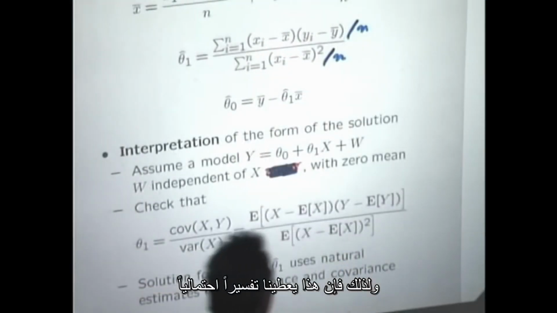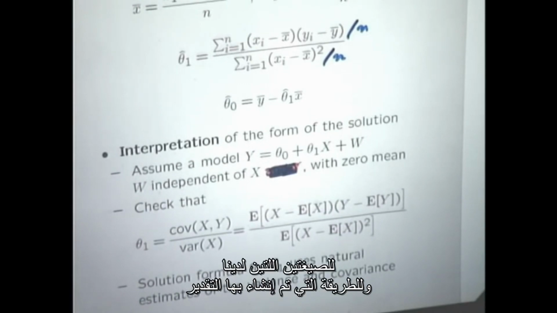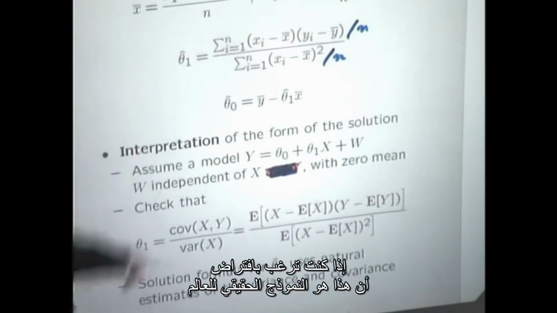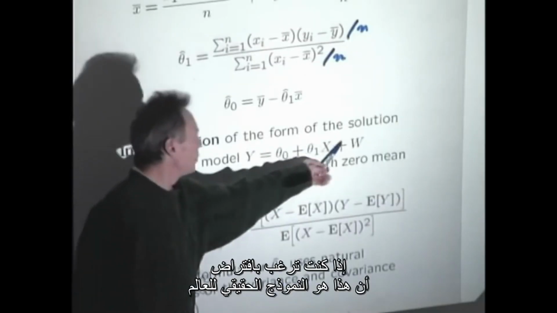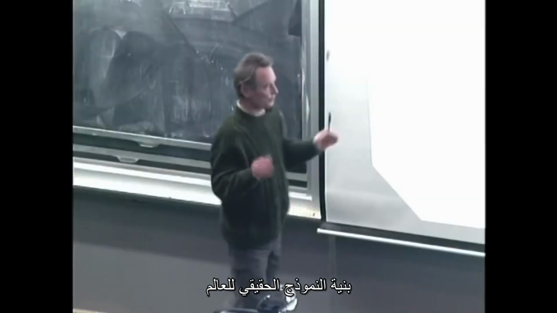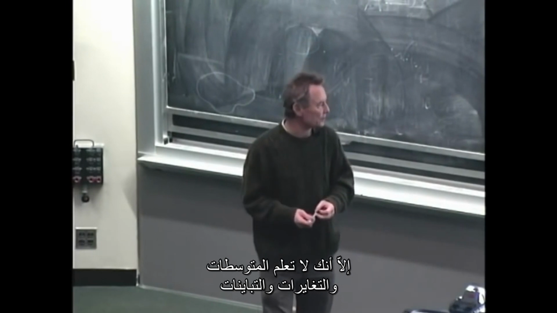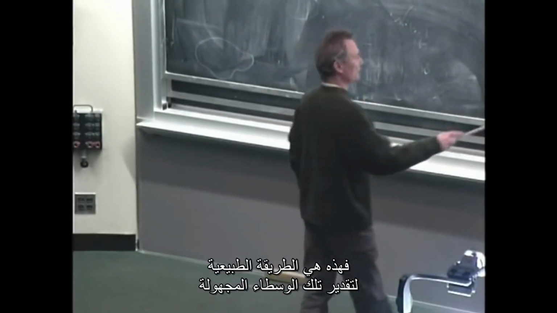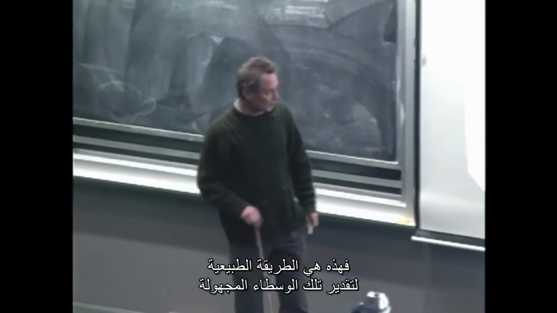So this gives us a probabilistic interpretation of the formulas for the way that the estimates are constructed. If you're willing to assume that this is the structure of the true model of the world, except that you do not know means and covariances and variances, then this is a natural way of estimating those unknown parameters.